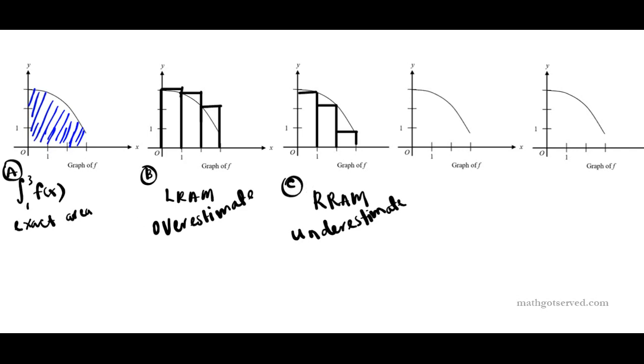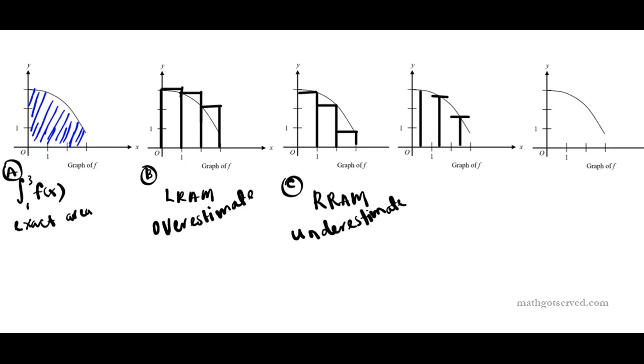Okay, next one is the midpoint rectangular approximation, MRAM. To draw that one, you just simply pick the midpoint of your subintervals and trace them to the graph. And that will be the midpoint of the upper side of your rectangle. Okay, you have it like that, and then like this. This is not perfect.